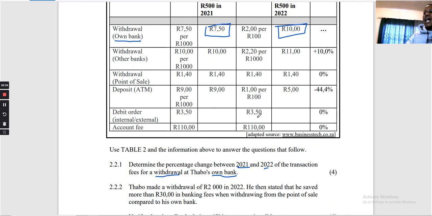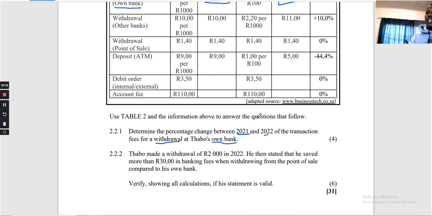So now, how do we calculate the percentage change? Percentage change is equal to new price minus old price, divided by old price. What is the new price now? The new price is of the current year, so the current year is 2022.